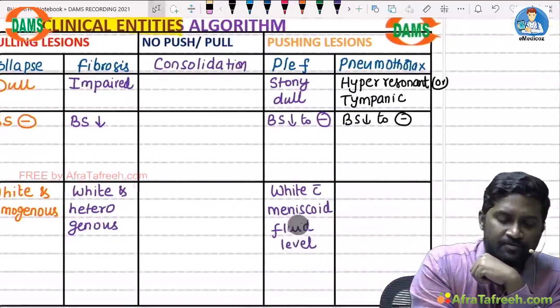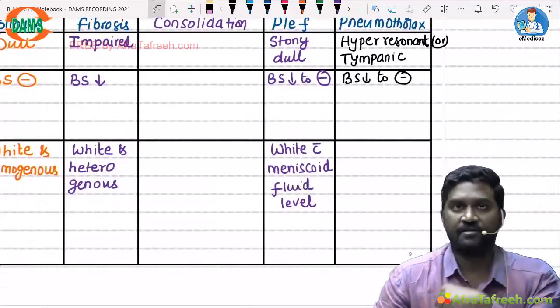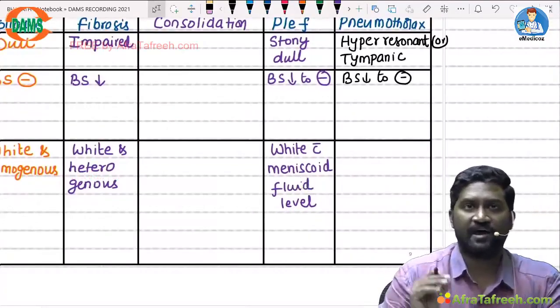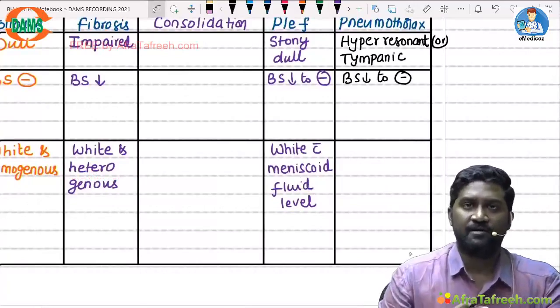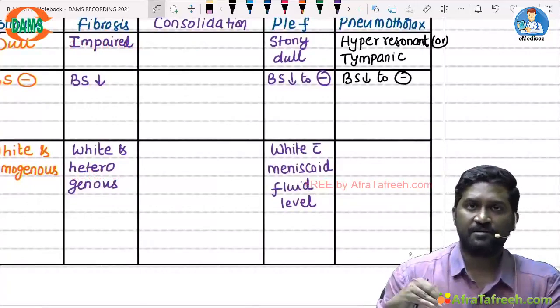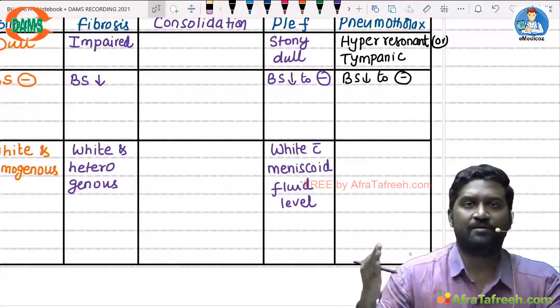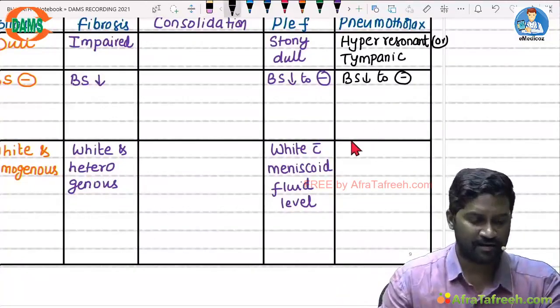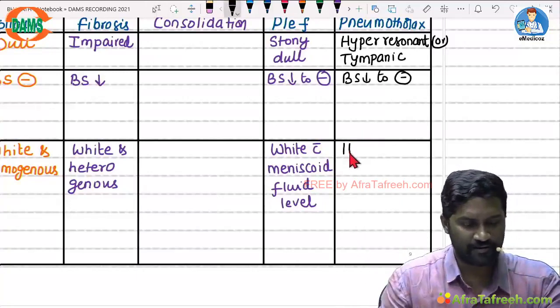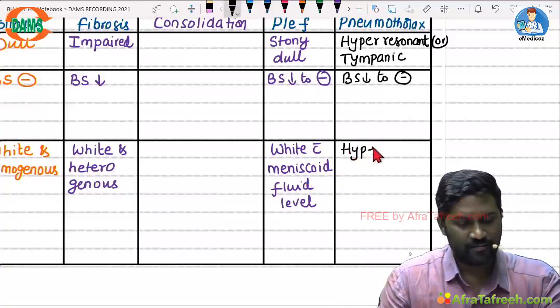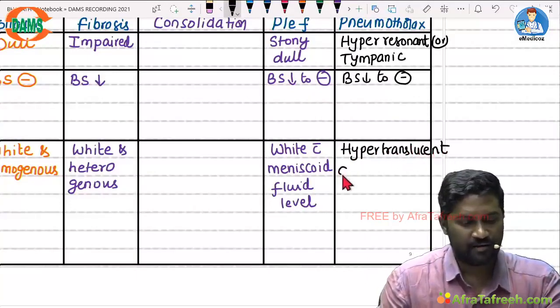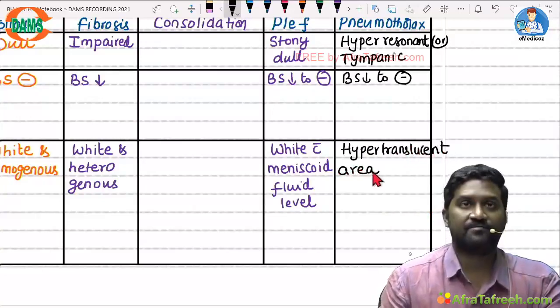Then coming to the chest X-ray feature. This is excess air in the pleural space. So whenever there is excess air in the pleural space, it will be a blackish abnormality. Anything black is also called hypertranslucency. There will be a hypertranslucent area.